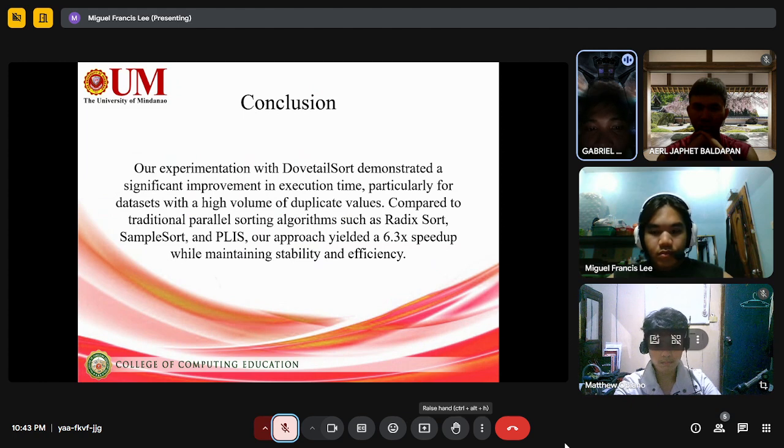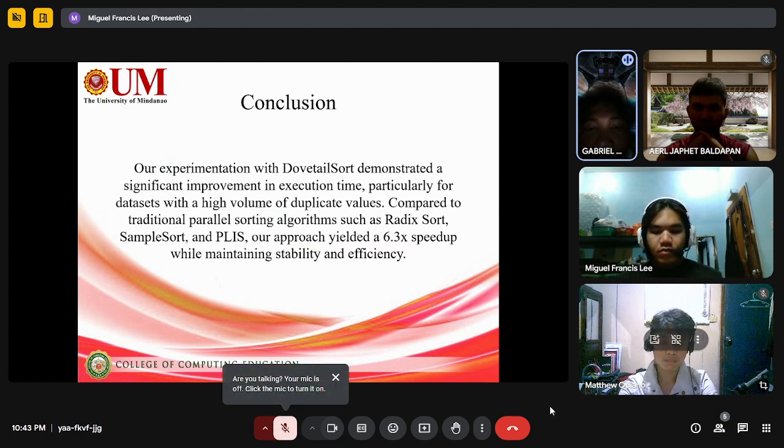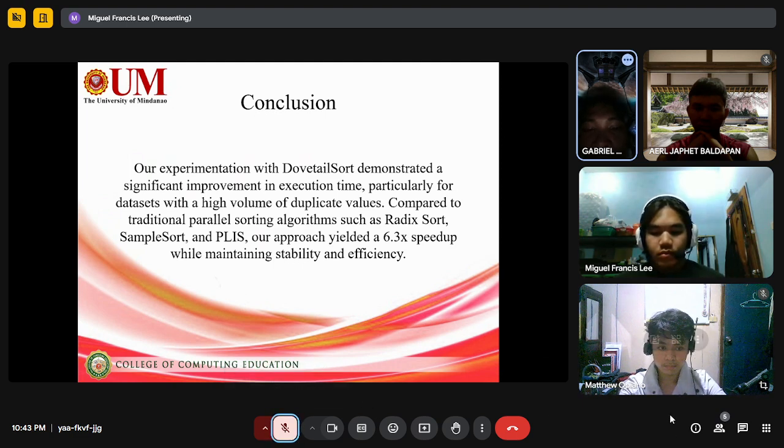In conclusion, to summarize, dovetail sort significantly enhanced sorting performance for duplicate-heavy datasets while maintaining stability.